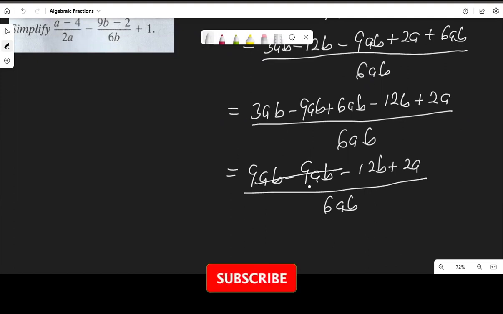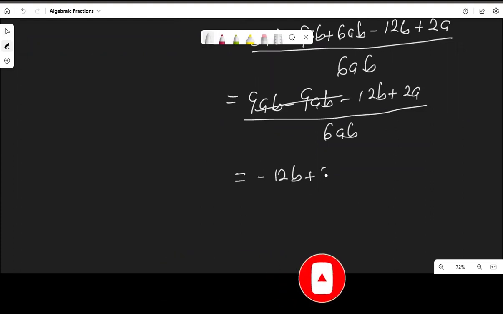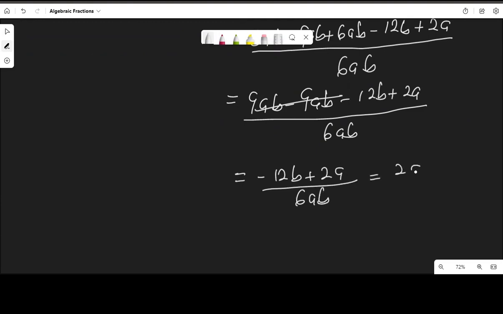This is gone. So we're left with negative 12b plus 2a over 6ab, which I can write, if I'm bringing the positive term first, as 2a minus 12b over 6ab.